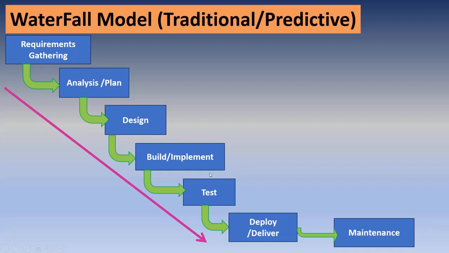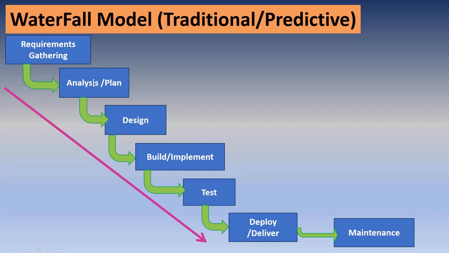We have the different life cycle phases: requirements gathering, plan, design, build, test, deploy, maintenance, everything. All the phases are implemented one by one, sequentially. So the previous phase must be completed before you start the next phase. It means you first need to gather all the requirements specific to the entire project.